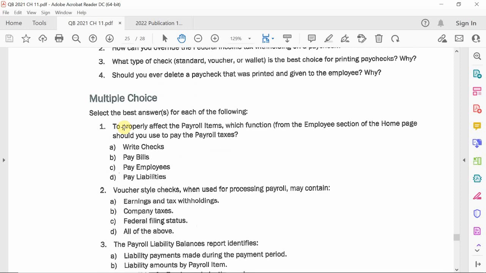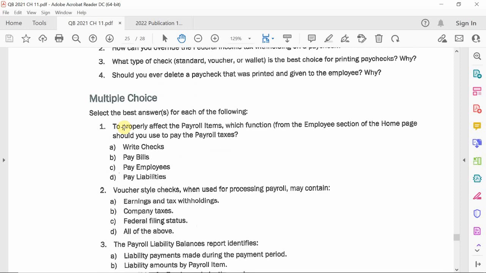Let's go ahead and dive right into the payroll chapter 11 review questions. So in this case, multiple choice. Your obligation is to select the best answer from the following. Number 1, to properly affect the payroll items, which function from the employees section of the home page should you use to pay the payroll taxes?